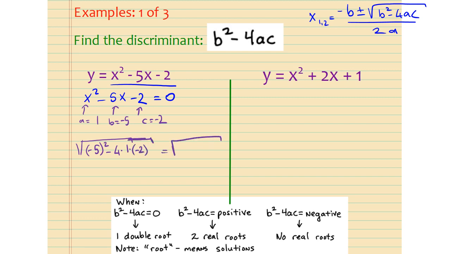This value will be equal to 25 plus 8. 25 plus 8 is 33, which is greater than 0. So we will have two real solutions.